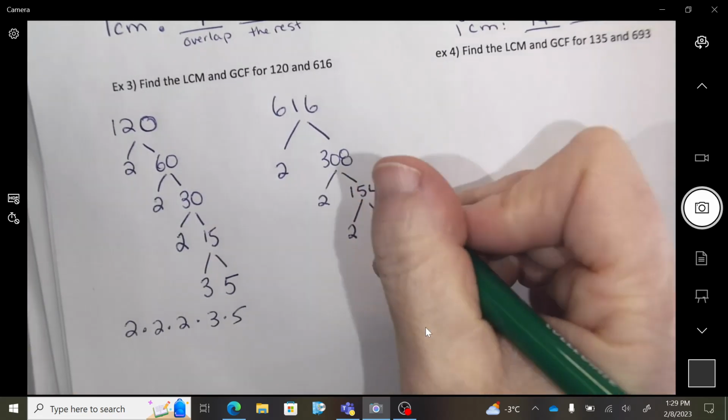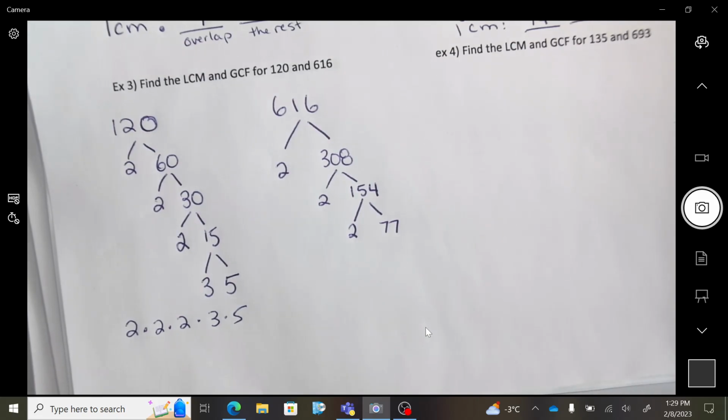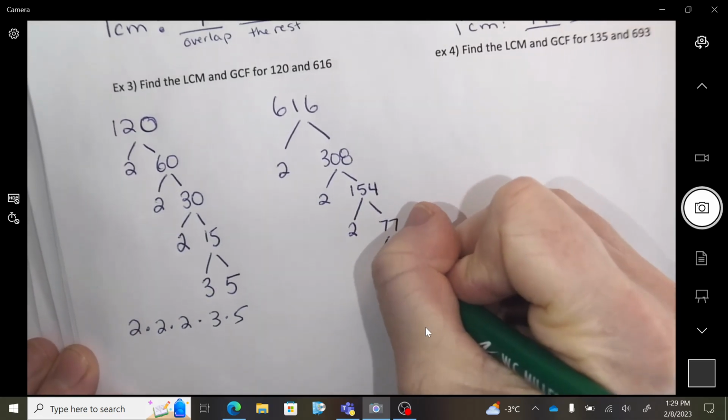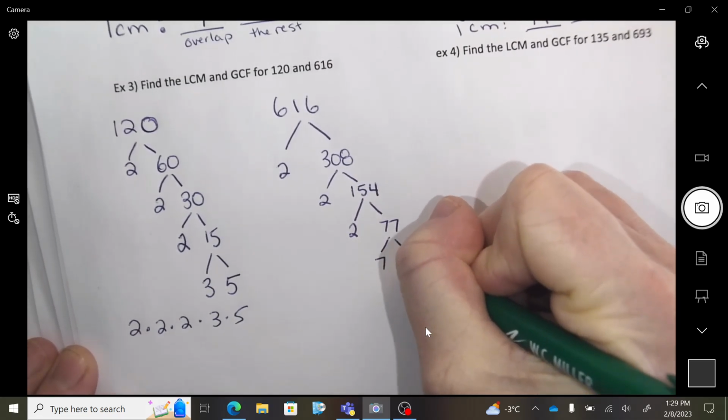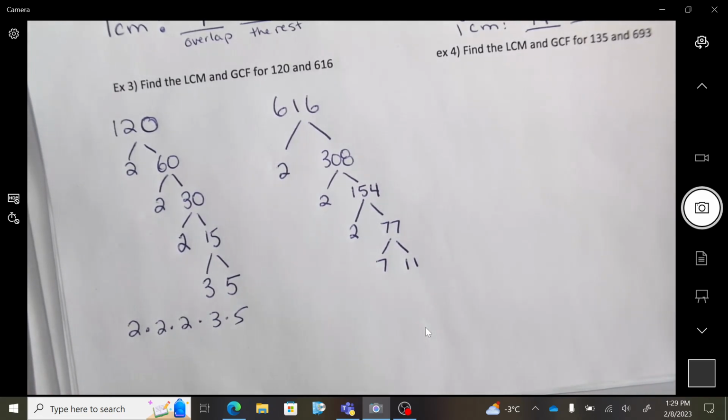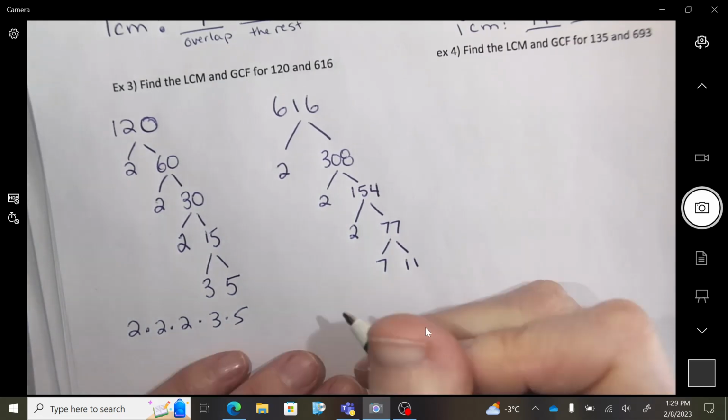Keep dividing by 2, 77. Okay, I'm done with 2's. So 3, nope, 4, or it's not even, I'm not even looking at 4. 5, nope, 7. 7, 11, yeah. And 11 is prime. So that means you're done.